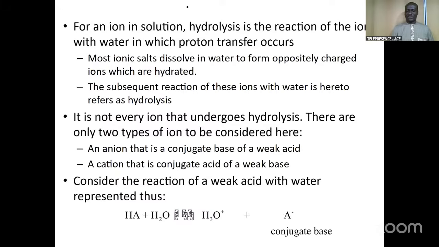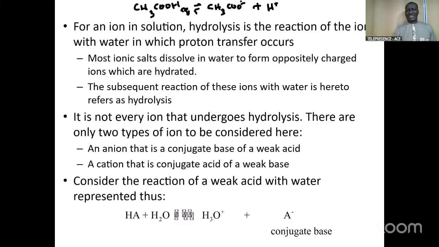So when we have a weak acid, for example ethanoic acid, CH3COOH aqueous, we know that when this dissolves in solution, it gives acetate ion, otherwise known as ethanoate ion, plus hydrogen ion.